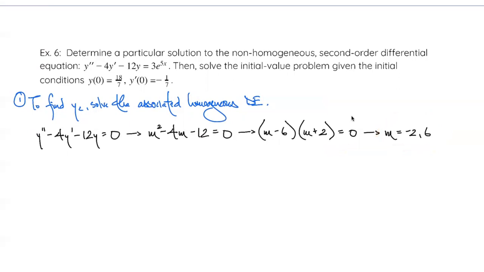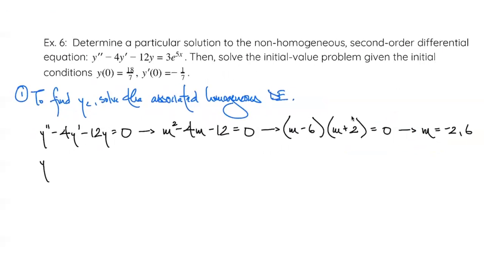What is the general form of that solution? That might be something you look back at your 4.3 notes for. But what is the general form of that solution? Good, so we have c1 e to the m1x plus c2 e to the m2x.